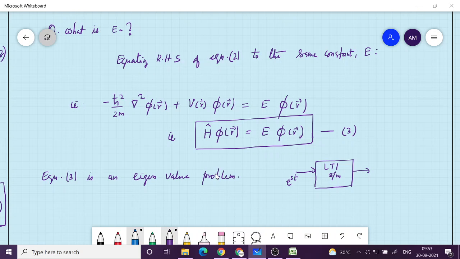It will do the convolution of e raised to st with h of t, and what we get at the output is some H of s multiplying e raised to st. Okay, the function form is not changed. If the function form remains, it is just multiplied by a number. So therefore e raised to st is called an eigenfunction and H of s is called the eigenvalue.